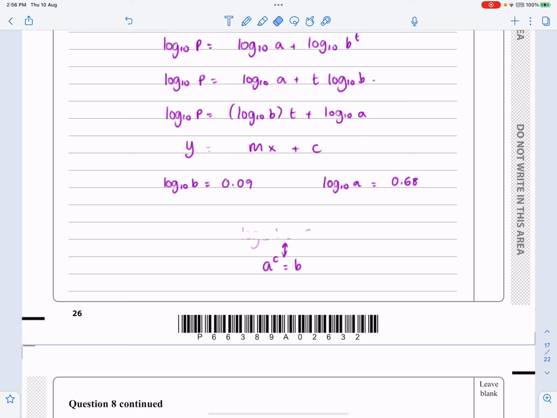If we do that, then on the left hand side B equals 10 to the power of 0.09, and on the right hand side A is equal to 10 to the power of 0.68.